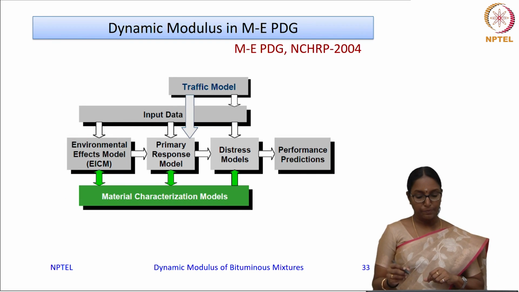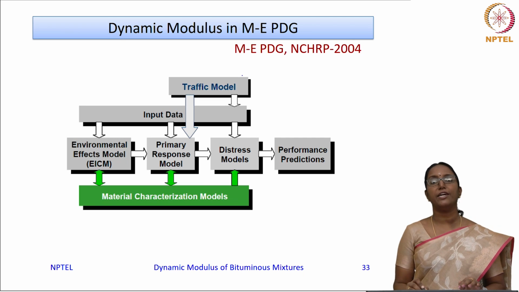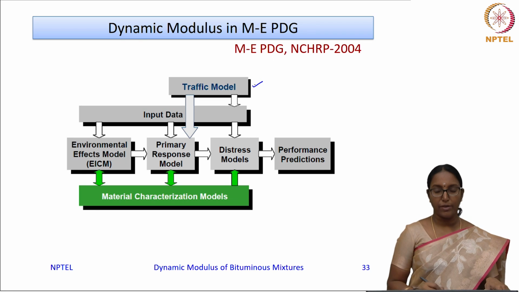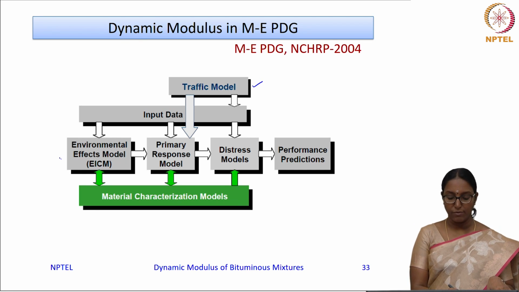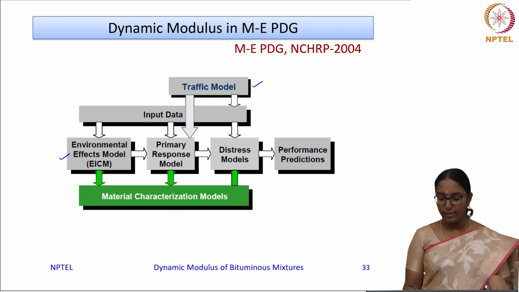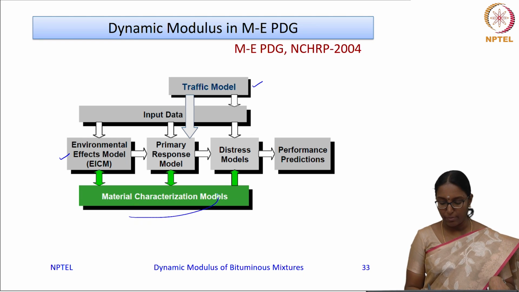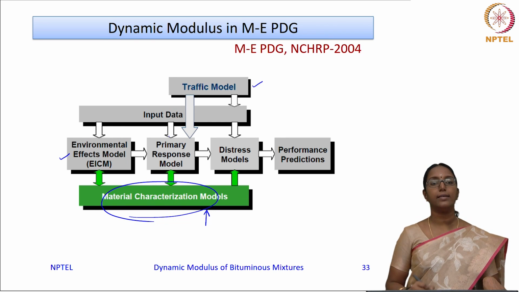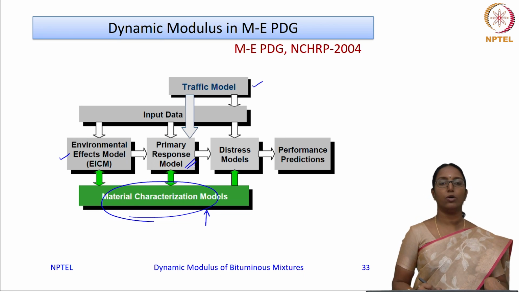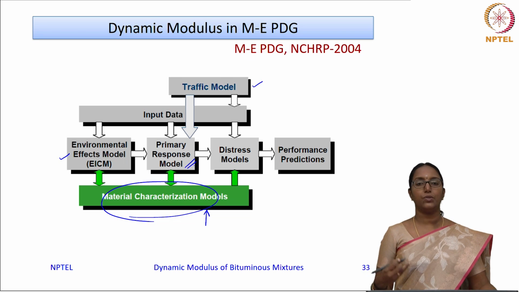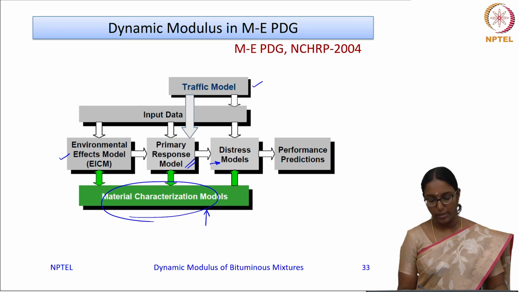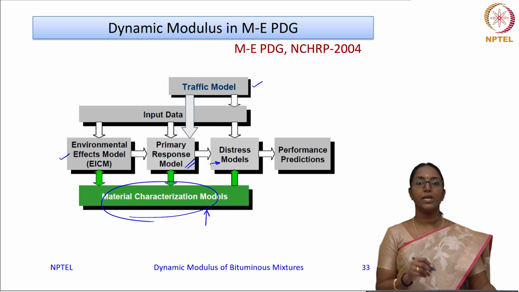I will summarize. This is a general framework of how MEPDG analysis works. There is a traffic model, you give the input data which is the environmental effect, and you do the material characterization. These material characterization models go into the analysis procedure where the primary response model will compute the stresses, strains and deformations that happen, and then they are connected to the distress model. As I said, this is the response of the material in the laboratory.